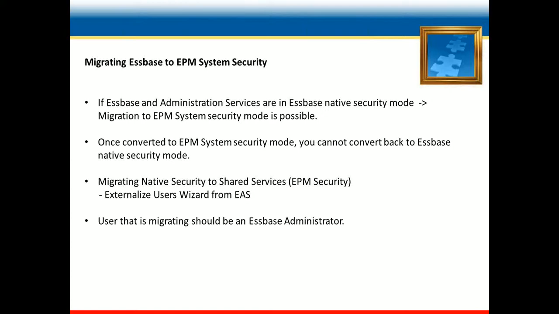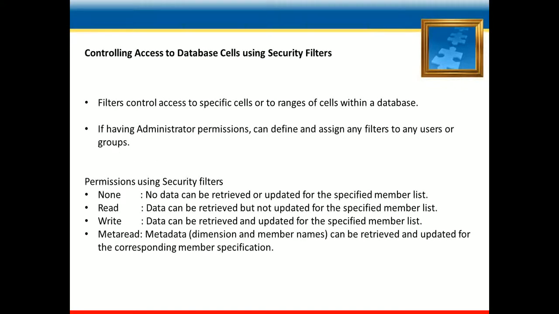If we go to the EAS console, you will find the externalize user wizard, which will externalize all the users and groups from native security to the shared services. The user that we will use for migration should have SBIS administrator equivalent rights.